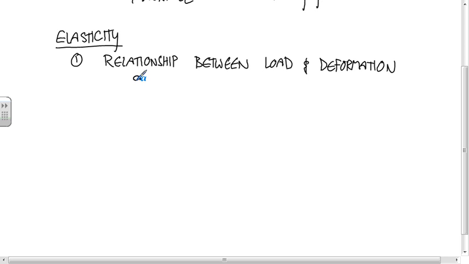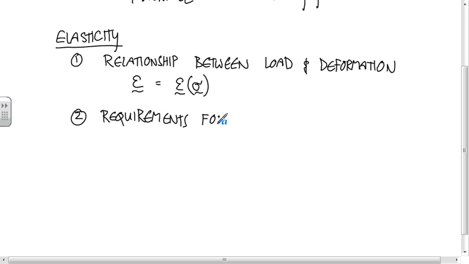So remember, basically, we want the strain to be equal to a function of the stress. And after we do that, I'm going to give you the requirements for elastic equilibrium. So this is where we're actually solving elastic problems, okay?